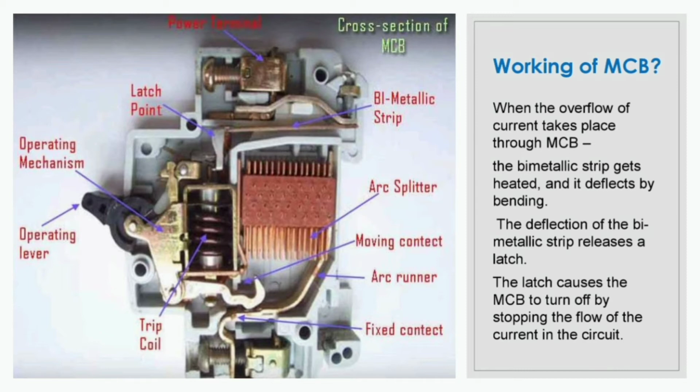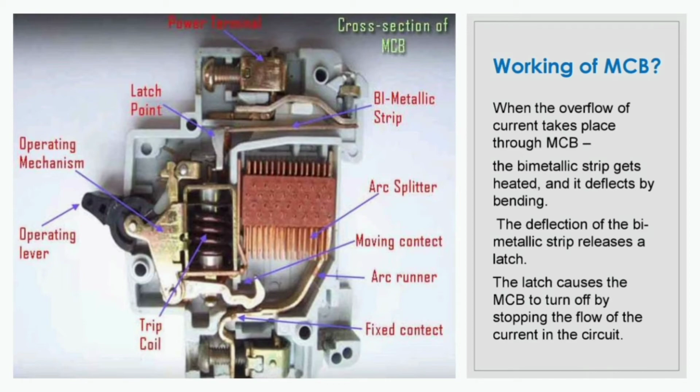Due to the bending of the bimetallic strip, the latch will release and the contact between the fixed and moving contact will be released. So the circuit will break, that means the circuit will be open. Then the current flow will stop. So this is the working mechanism, and each and every MCB works like that only.